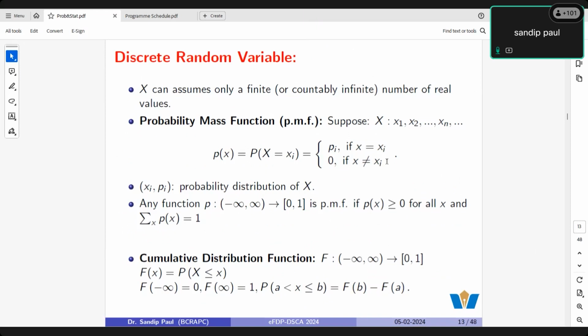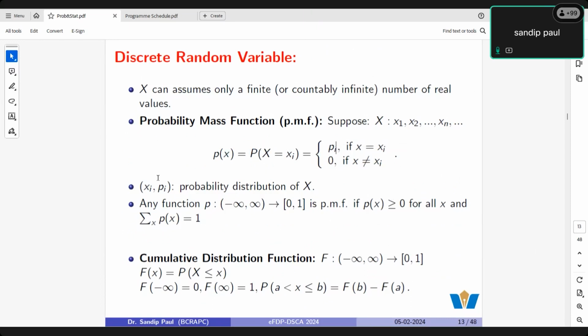Now, whenever you consider a discrete random variable, it can be characterized through a function called the probability mass function. It gives the probability of a certain value of the random variable X: p of x is defined as the probability that X at xi is equal to pi. So that is the probability at that value, and other than those values, the probability is 0.